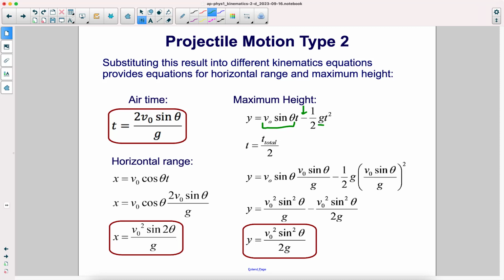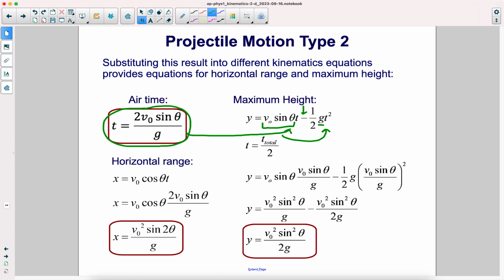And so here, we're actually going to plug in what we solved for here for air time into that equation for t there and there. So you can see there's a lot of algebra here. But at the end, yes, there is an equation for maximum height. And it's only dependent on the initial velocity squared, the angle, sine of the angle squared, over 2g.